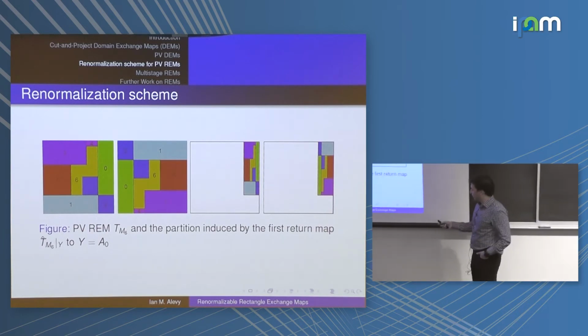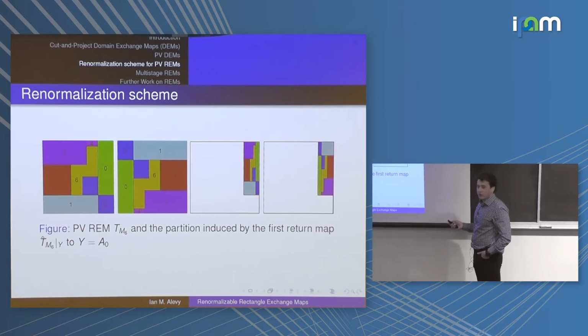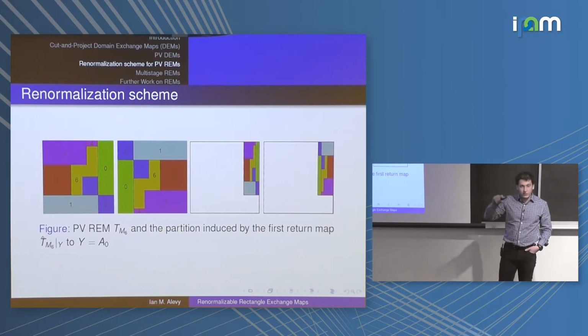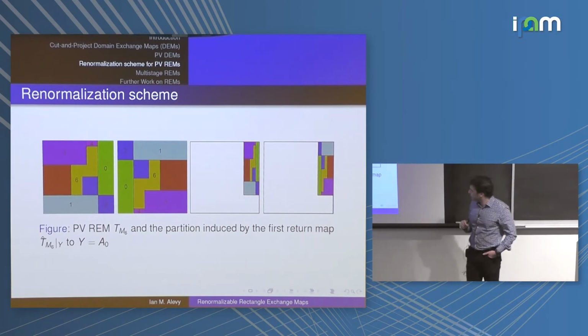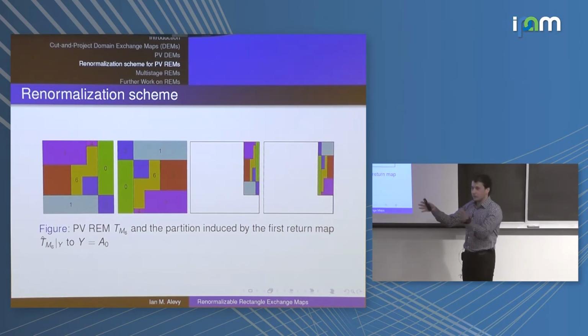But it turns out for this family that this new domain exchange map is just a scaled copy of the original one, meaning it has the same number of tiles, and the tiles are just shrunken versions of the original ones.